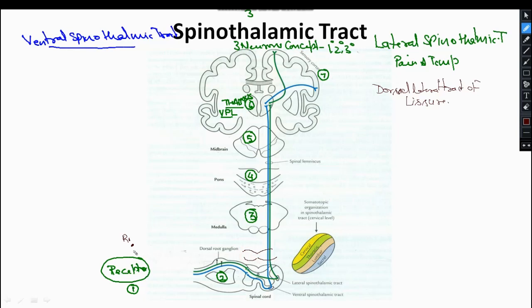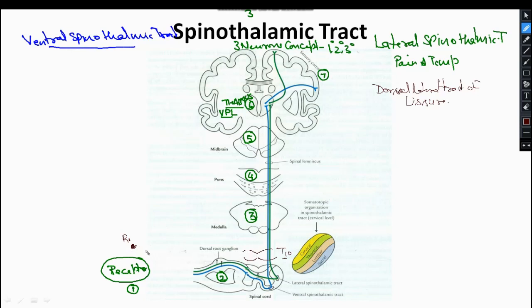So this receptor is at the level of T10. What happens? The first order neuron starting here does not relay at the same level of the spinal cord.